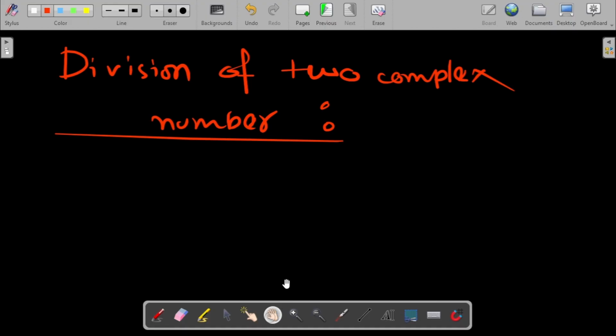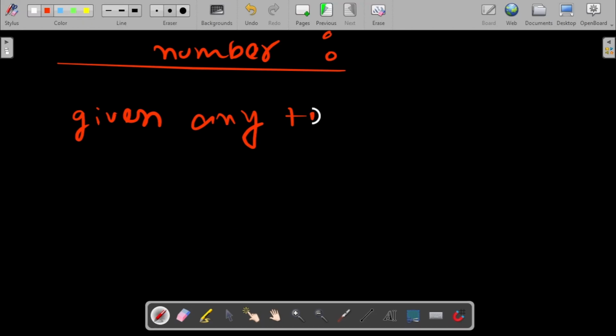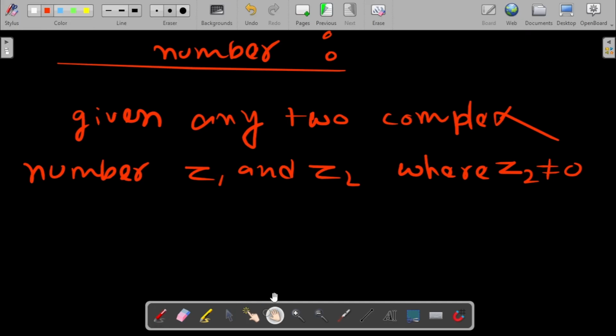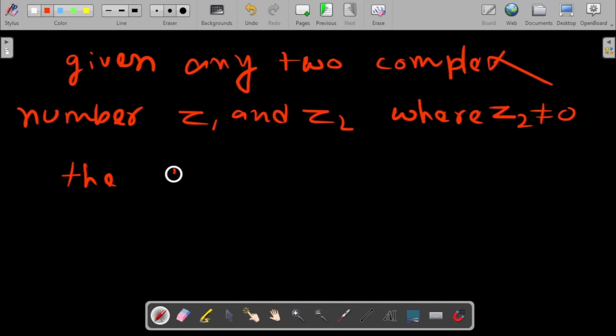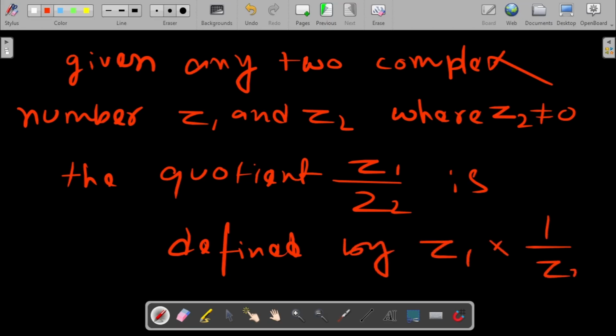Given any two complex numbers Z1 and Z2, where Z2 is not equal to 0, the quotient Z1 divided by Z2 is defined by Z1 multiplied with 1 divided by Z2.